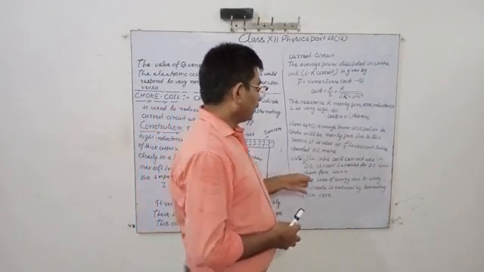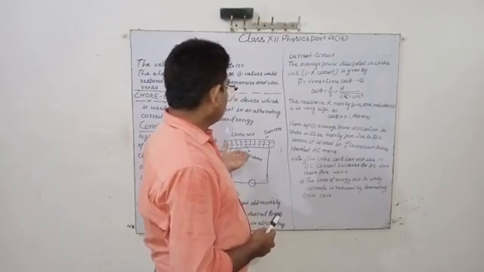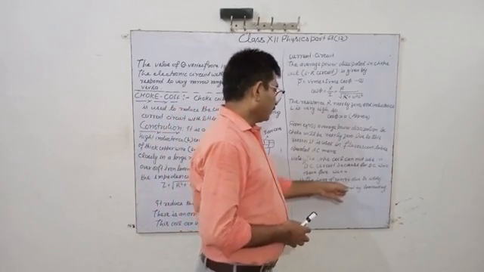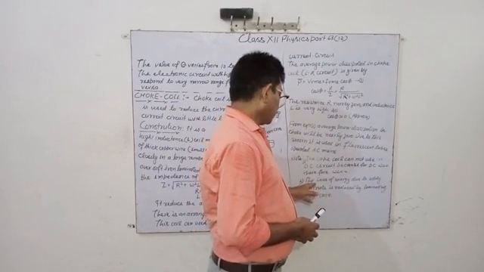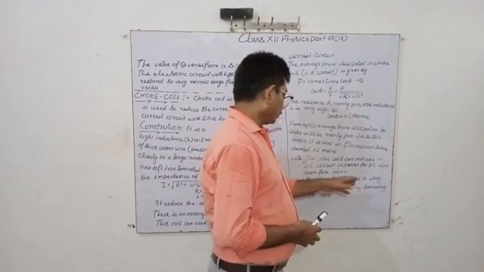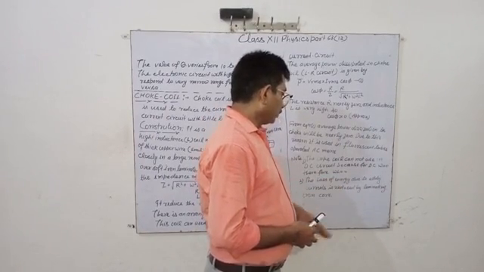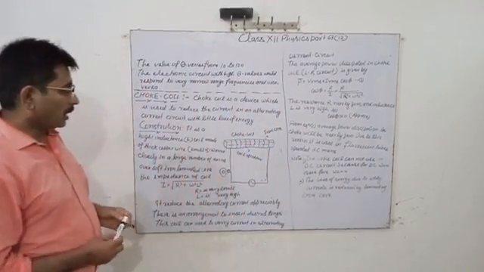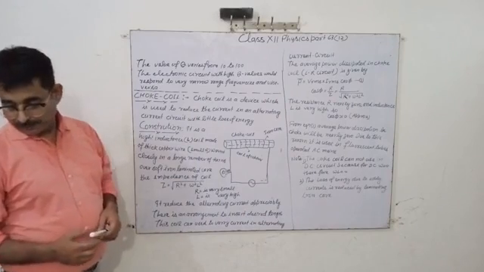The loss of energy due to eddy currents in the iron core is reduced by using a laminated iron core.